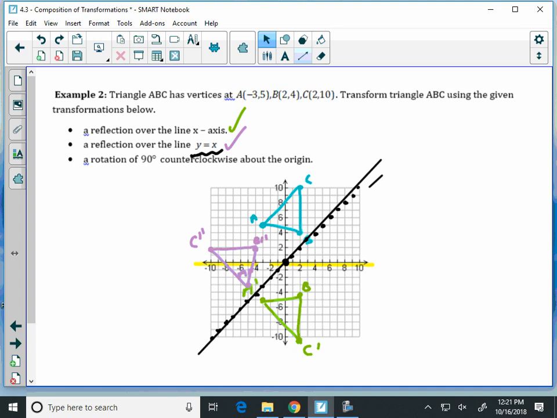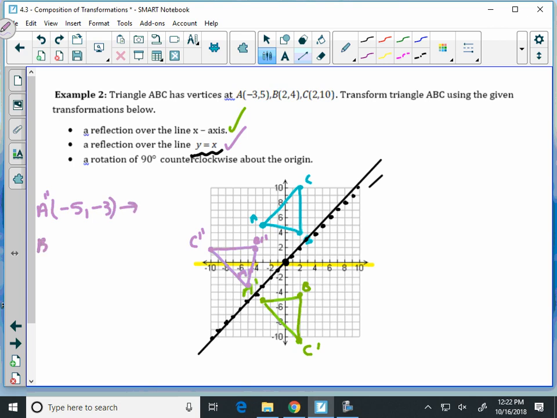You always do the new one. We're doing the third transformation to the third triangle. So I write down those vertices. A double prime is at -5, -3. B double prime was at 4, 2. And C double prime is at -10, 2.